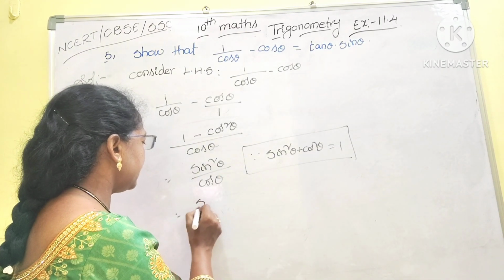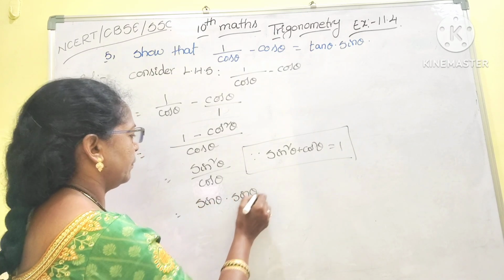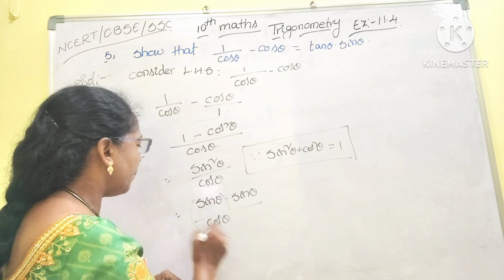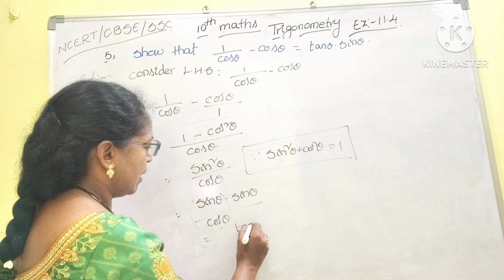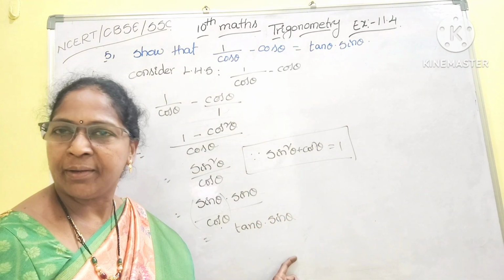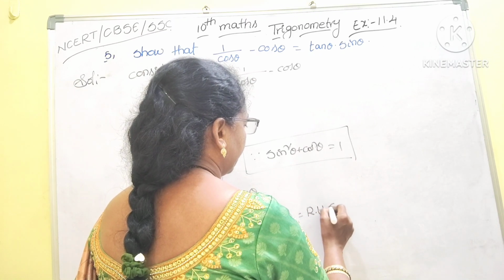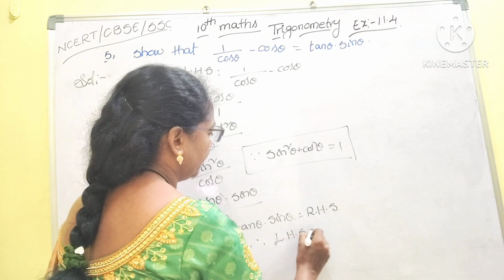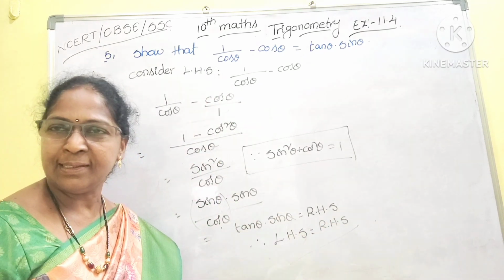Now, sin square theta is nothing but sin theta into sin theta by cos theta, where sin theta by cos theta equals tan theta, and the next term is into sin theta. Yes, we got it. This is the RHS value. Therefore, LHS equals RHS. This is the proof.